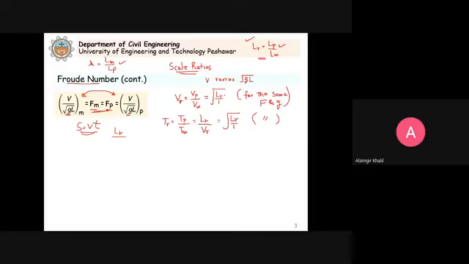VR is the square root of LR. Now this can be written with the numerator as square root of LR into square root of LR, divided by square root of LR. So we can see this cancels out and we are left with LR, which is written here.